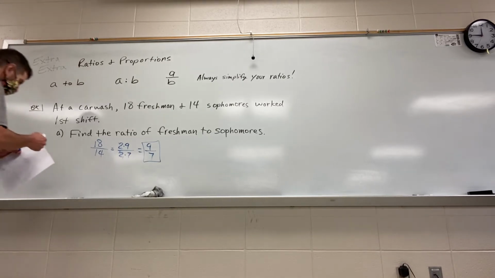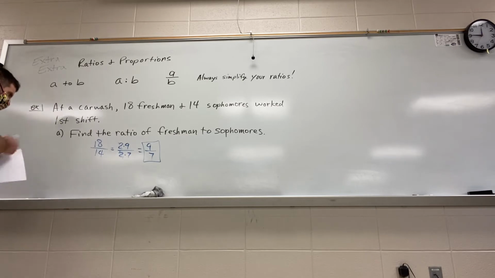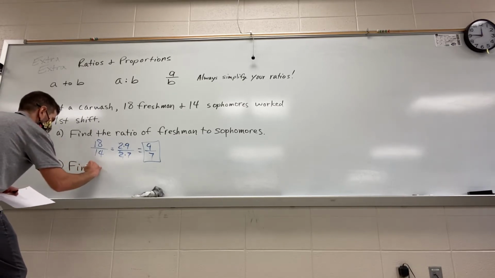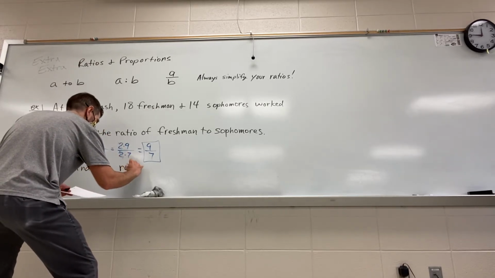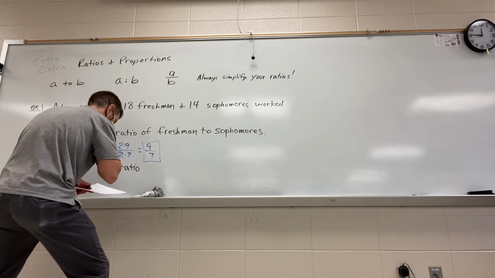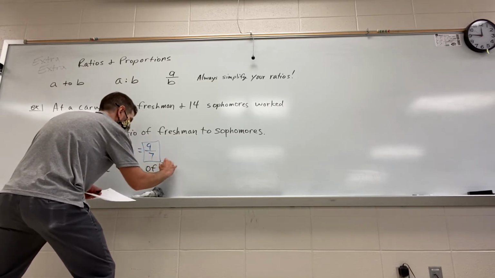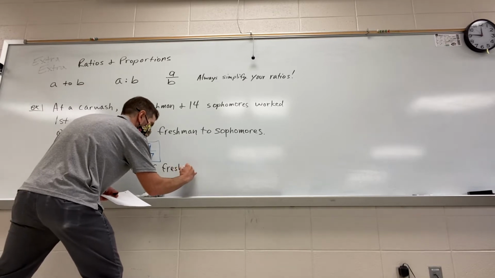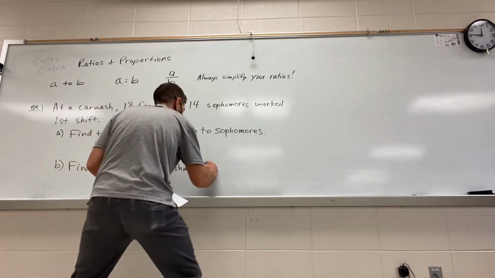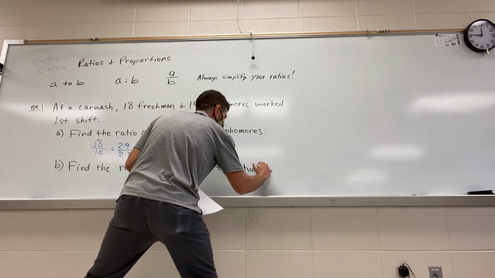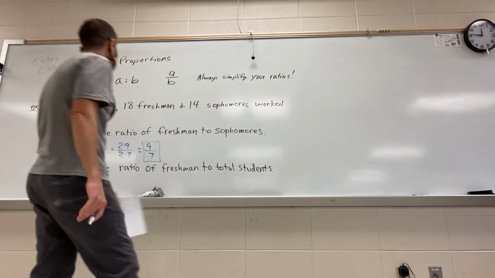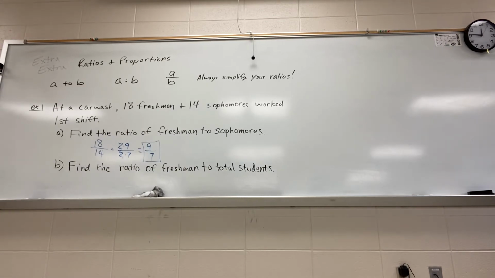Let's do part B. Part B says find the ratio of freshmen to total students.